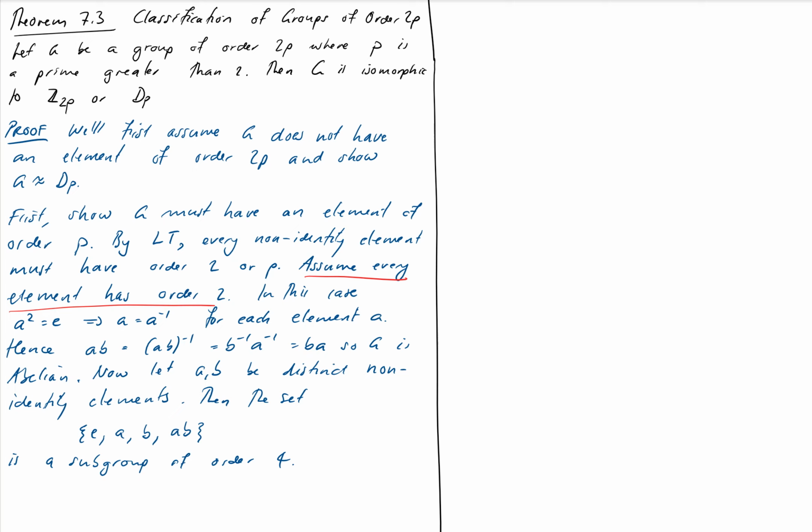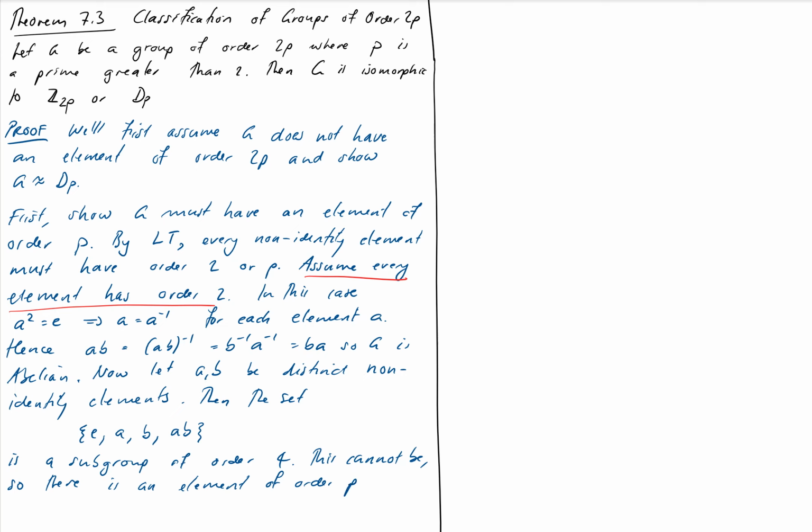Okay, so it's a bit of a logical leap. Let's just make a statement. Therefore, this cannot be. So there is an element of order not 2, which must be, okay, let's just jump straight to writing P, shall we?